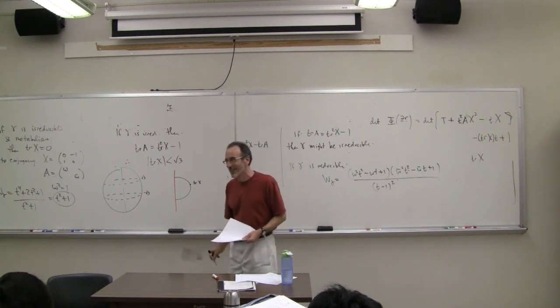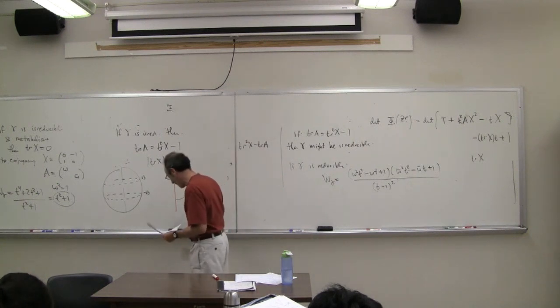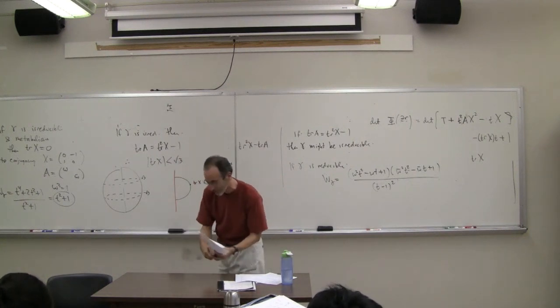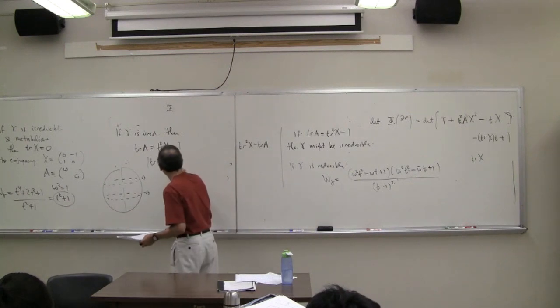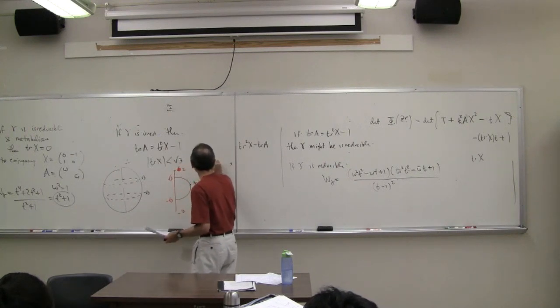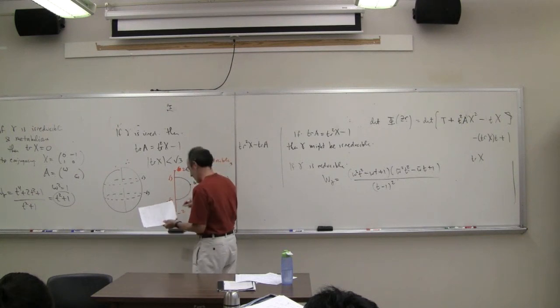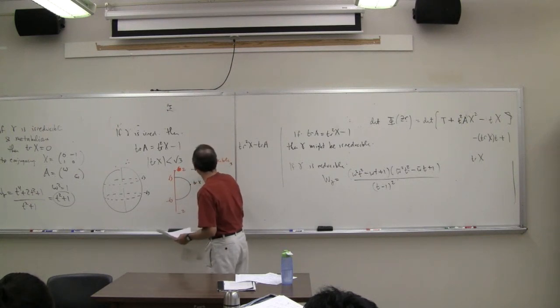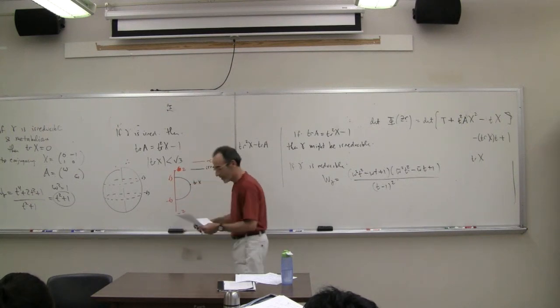I'm not really sure. But these up here are the reducible ones, the red ones. And they go from 2 to minus 2, and root 3 to minus root 3. And this is the reducible, and the black is the irreducible.